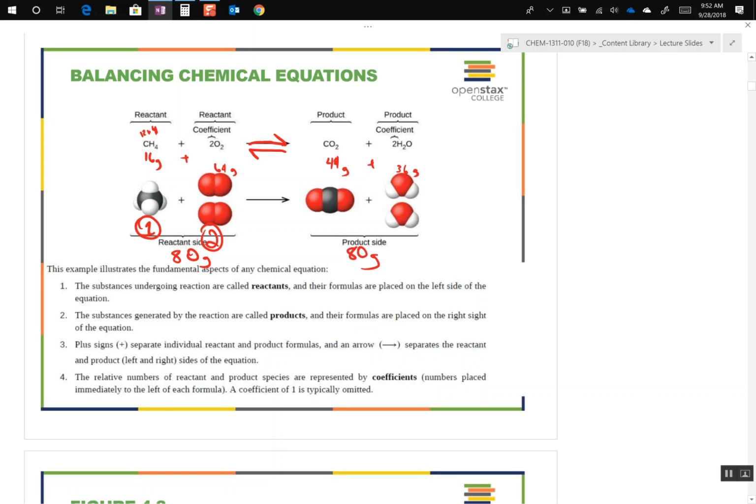So 3 methanes would make 3 carbon dioxides. So this is the whole idea behind stoichiometry. It's using those ratios and trying to determine, if I have this much of a reactant, how much of a product will I make or produce? Okay? And so that's what we look at.